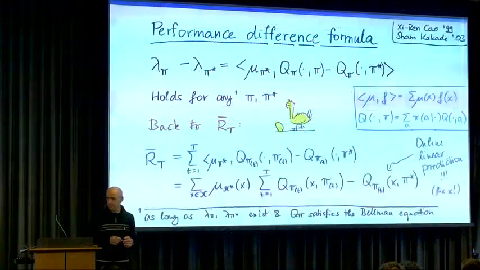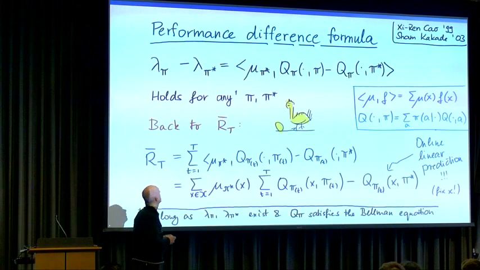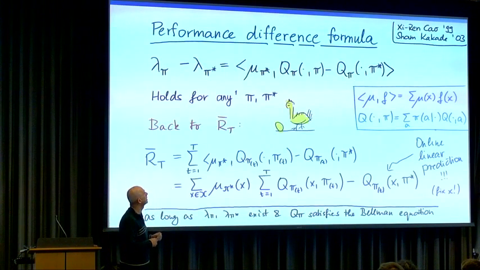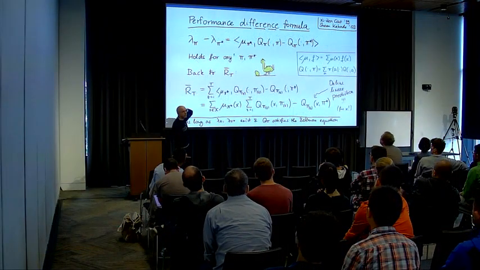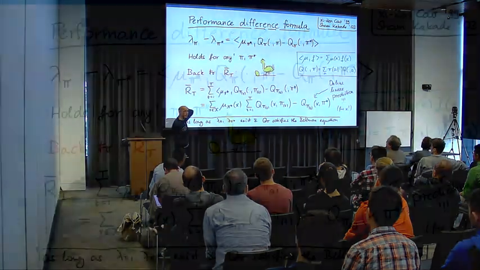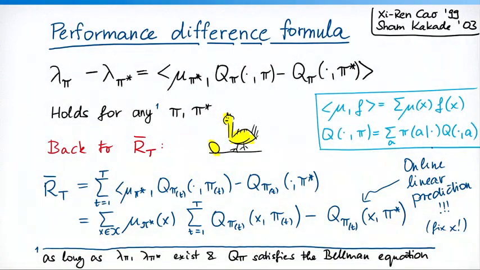So the performance difference formula tells us that the difference between the average cost of two policies can be expressed as this formula. Here I'm using this inner product, which just means that you're averaging over the states with respect to the stationary distribution of the second policy, and you're comparing the differences between the action values of the two policies.